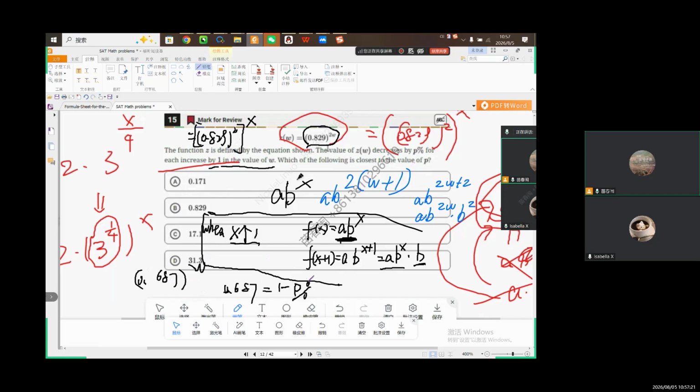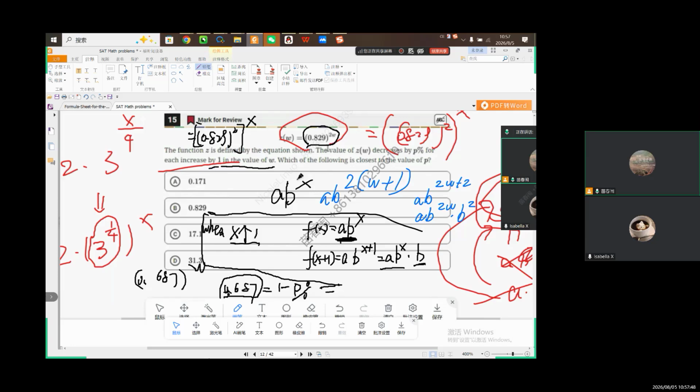So now my p is 1 minus that. Does that make sense? Why are these equal? Well, because I can say you decrease by a factor of 0.687, right? Does that make sense?